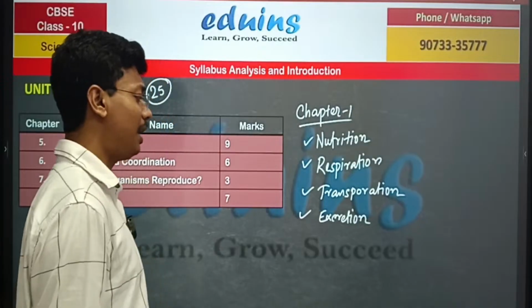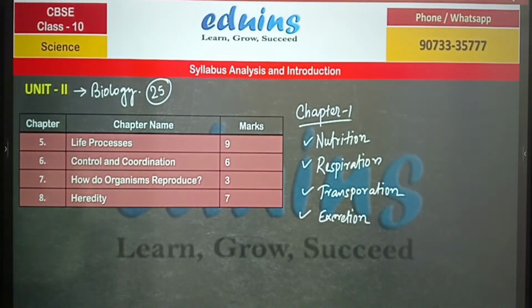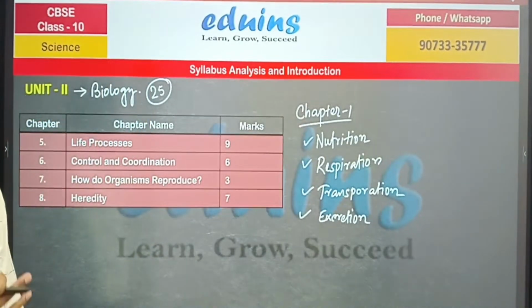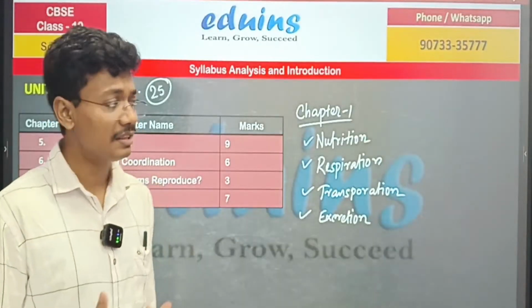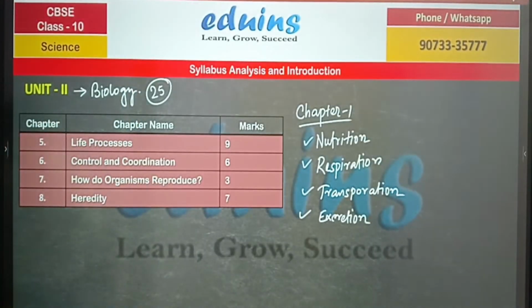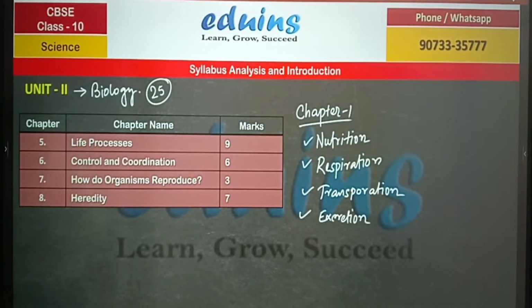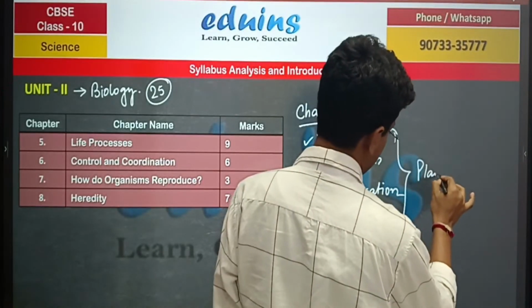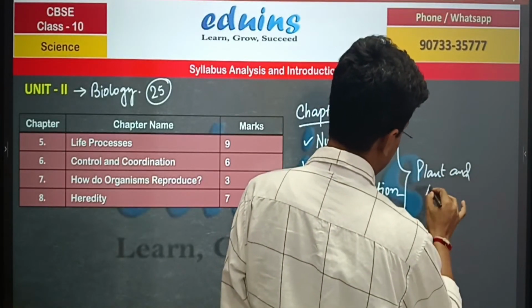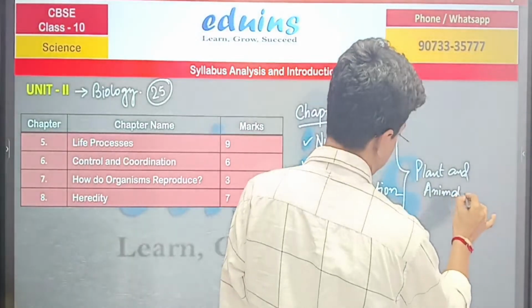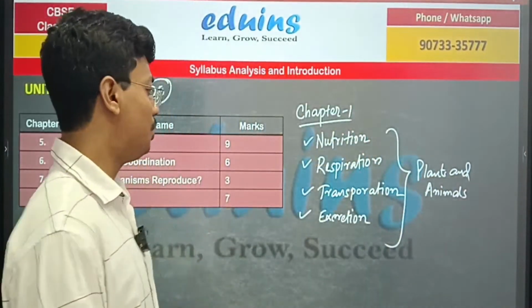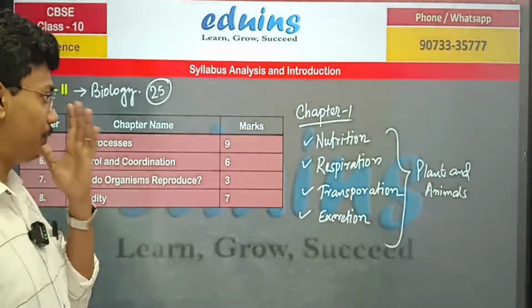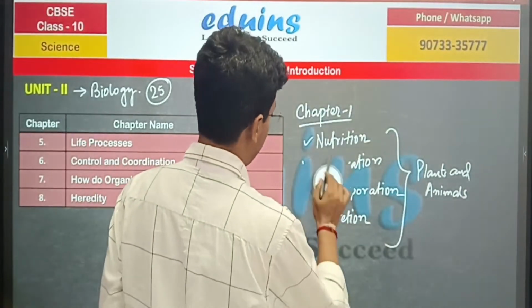So we will study the essential life processes which are needed for a living being, that is nutrition, respiration, transportation and excretion in both plants and animals. So this is the overview of chapter 1 in unit 2, which is included in biology.